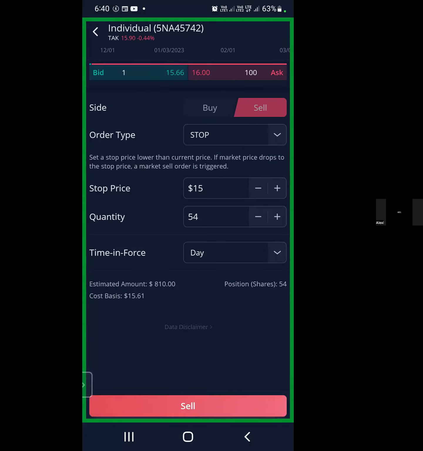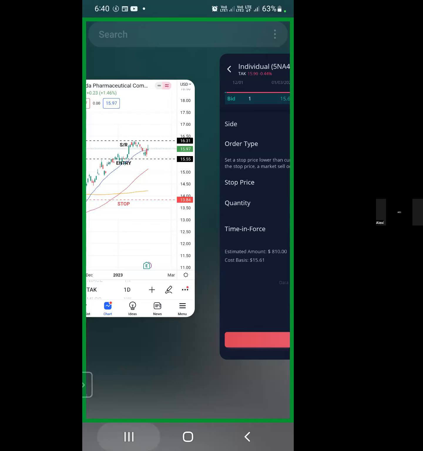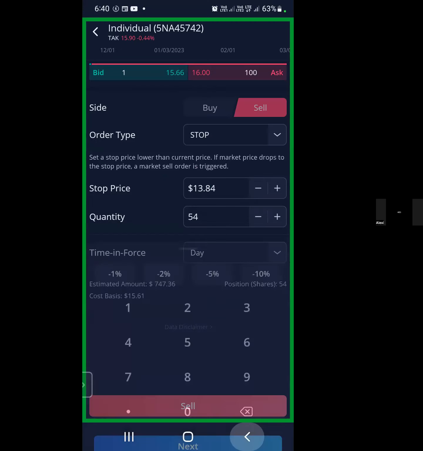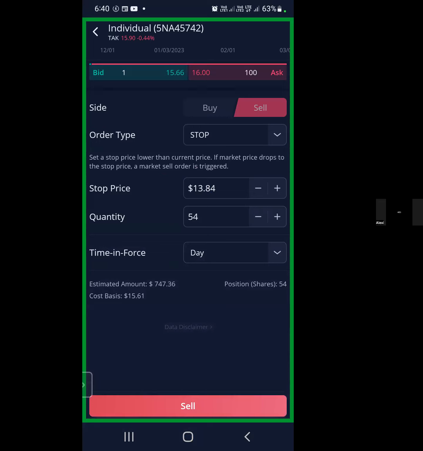Let's see, I can go back there and check what it was. 1384. So if that was 1384, I would go back to my Webull and make it 13.84 right there. And the quantity would be automatically there. The 54 shares I have in there would automatically show up.